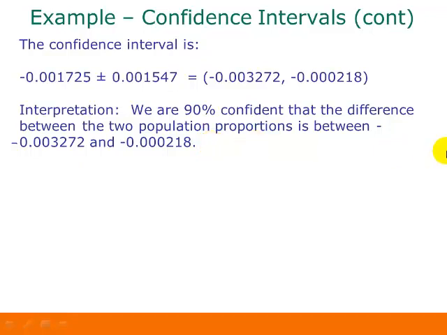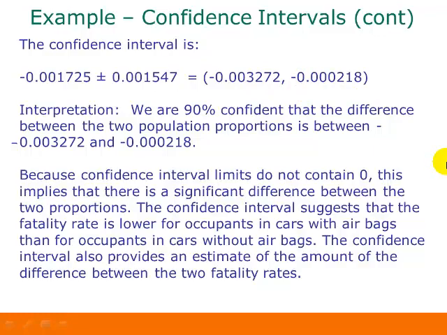Now this is one place when we're talking about confidence interval estimates for two different samples or two different populations that it means something when we look at our two limits, whether 0 is included in the interval or not. So if we look at this interval, it does not include 0. Both of the numbers are negative.